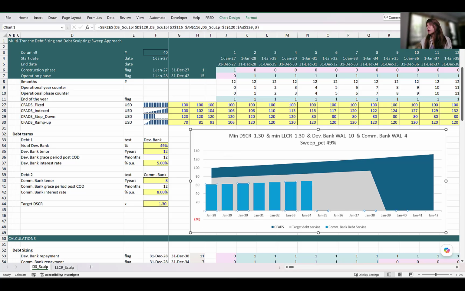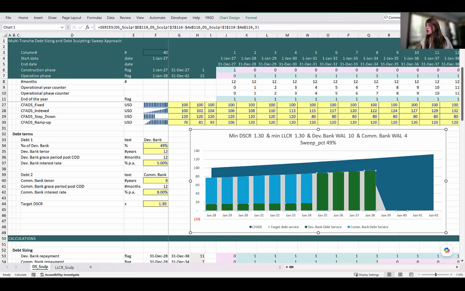I call the year 1 through year 8 the overlap period. That's where both banks are being repaid simultaneously. And from year 9 to year 12, that's where the tail is. That's where only the Development Bank remains.